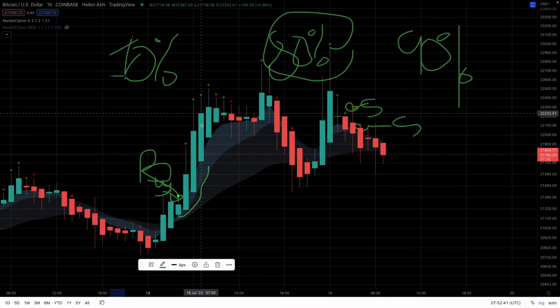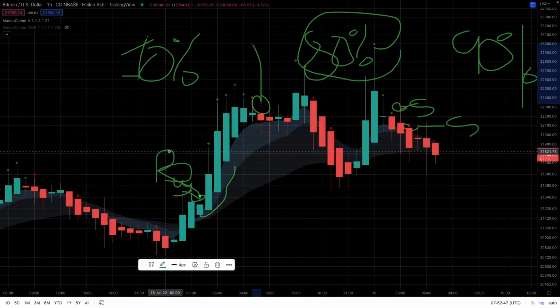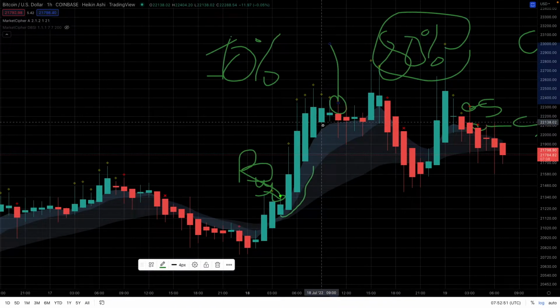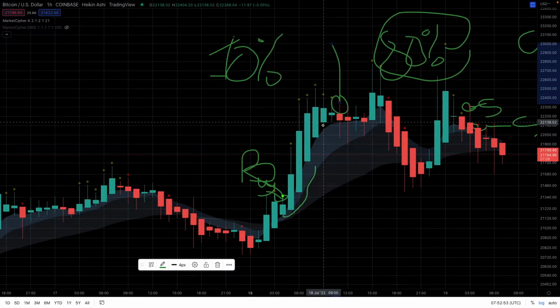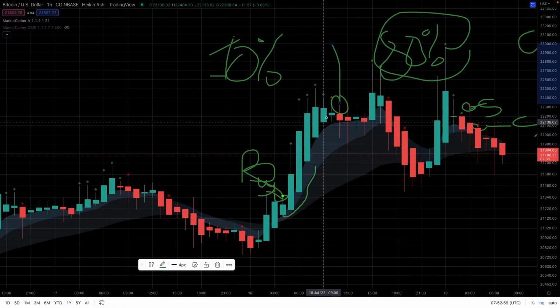So these indicators are not enough for you to make your entries. These are secondary data. I will use these as secondary data, not my primary data. Your primary data should always supersede your secondary data.